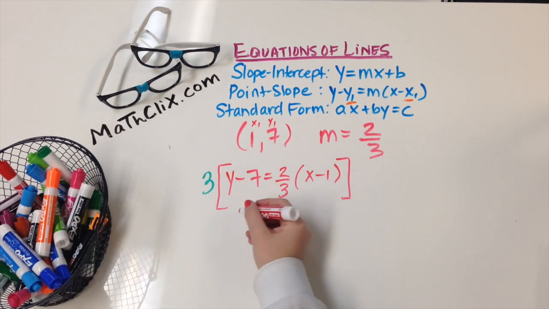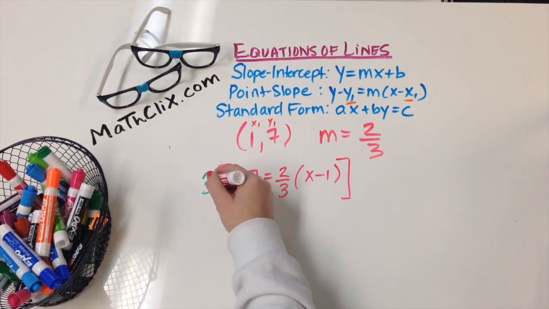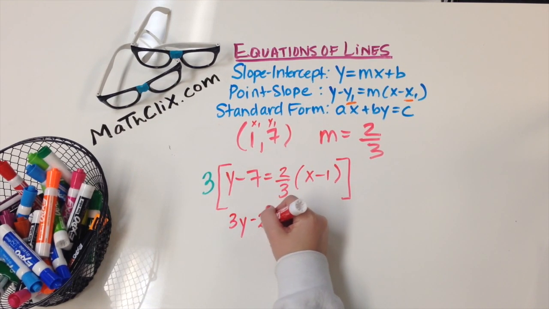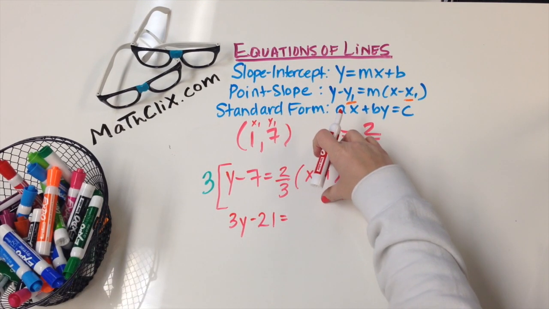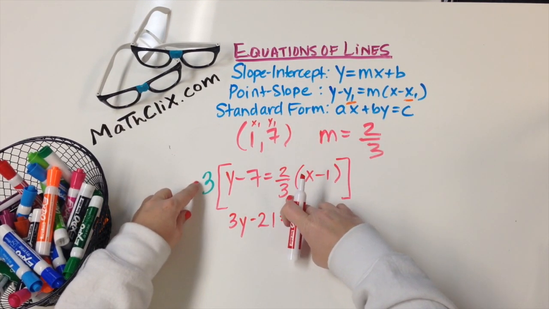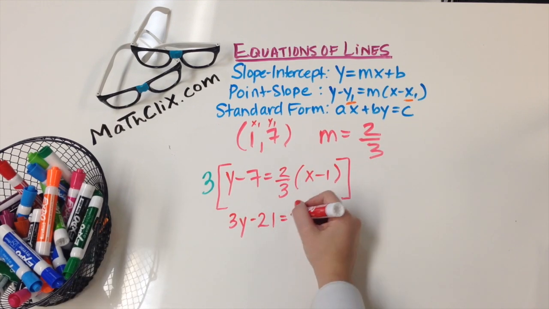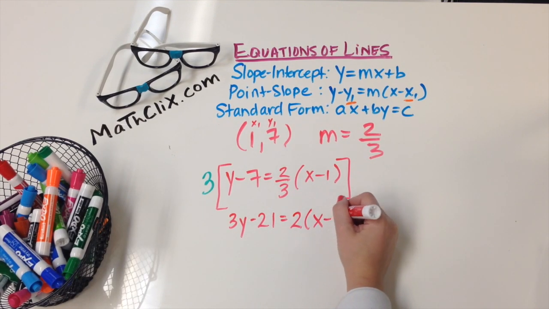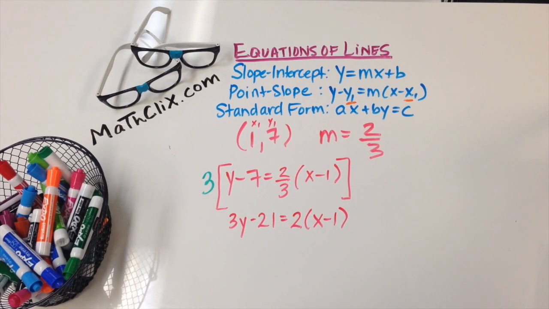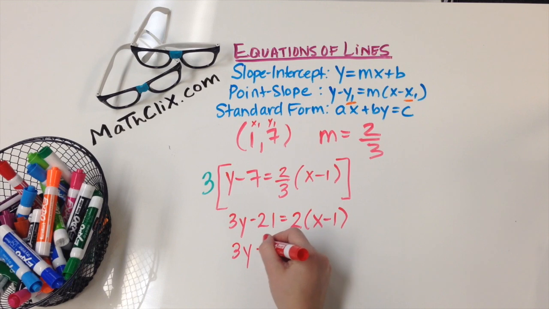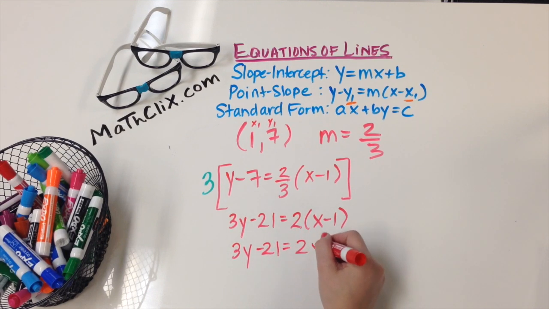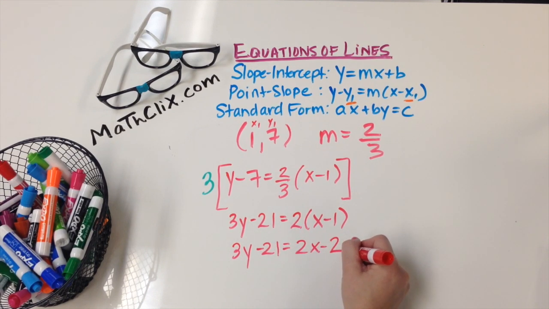So I will get 3 times y, which is 3y. 3 times a minus 7 is minus 21. And then when you multiply this side times 3, the 3 actually cancels with this 3. So you end up just getting 2 times the x minus 1. So we have 3y minus 21 equals 2x minus 2.